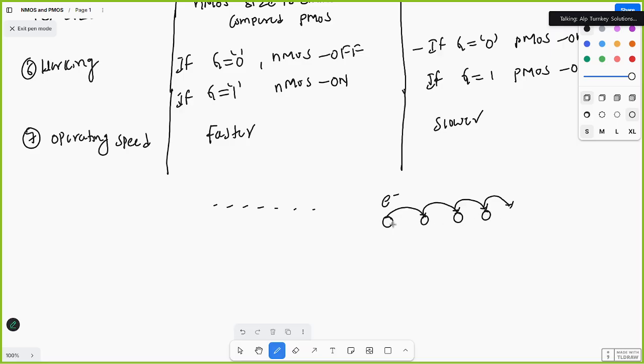They assume that vacant position is a hole. So when the electron moves like this, the hole moves in the opposite direction. Practically, holes do not exist.